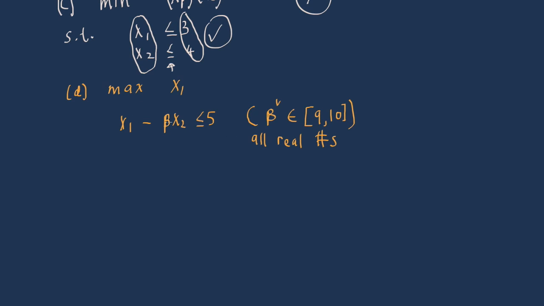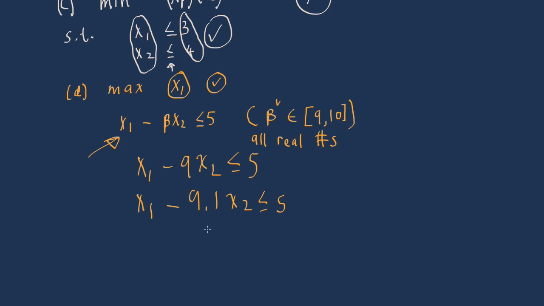So we have x1 minus 9 x2 less than or equal to 5, x1 minus 9.1 x2 less than or equal to 5, and you can have any real number between 9 and 10.